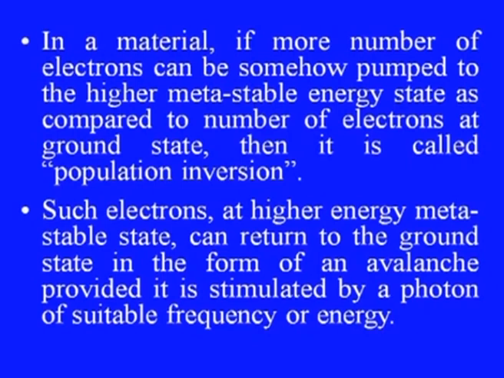Such electrons at higher energy metastable state can return to the ground state in the form of an avalanche, provided it is stimulated by a photon of suitable frequency or energy. This is called a stimulated emission.